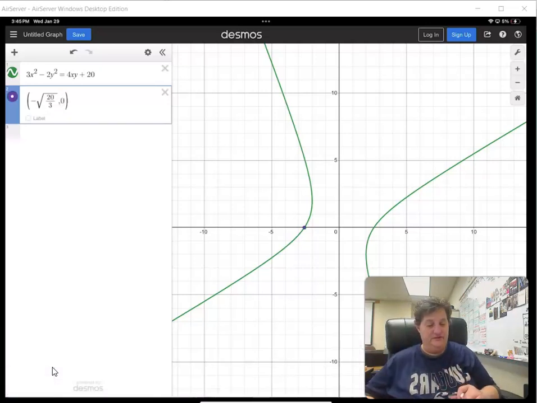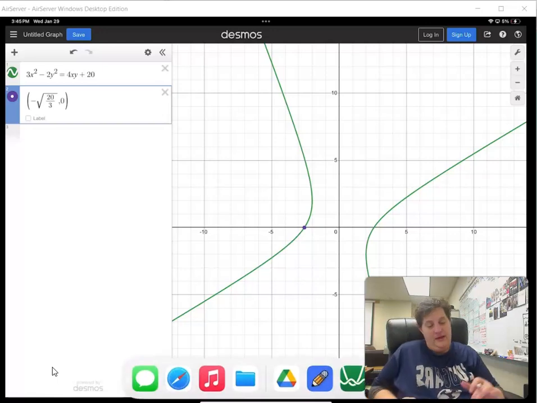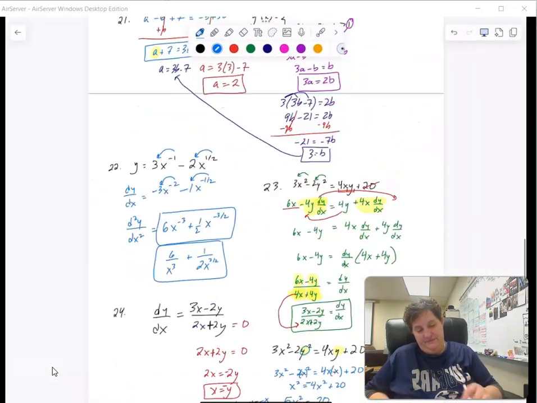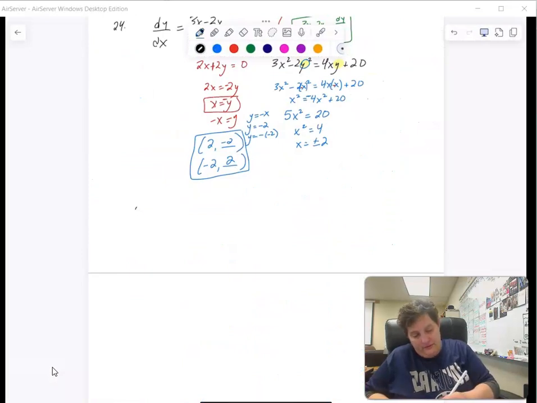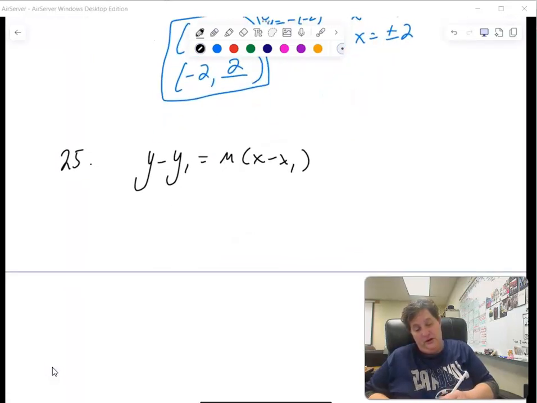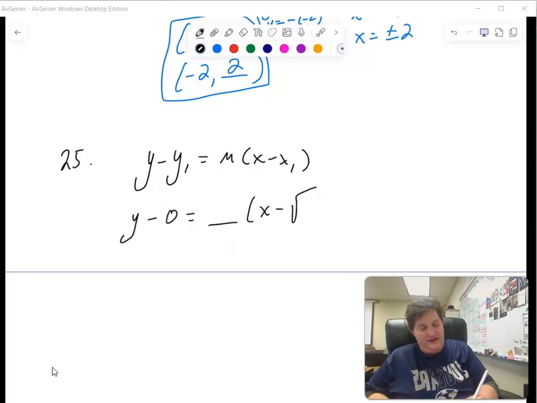And it wants the equation of a tangent line there. Okay, in the equation of a tangent line, we go y minus y1 equals m times (x minus x1). All right, y minus, the y value was 0, and the x value was square root of 20 over 3.